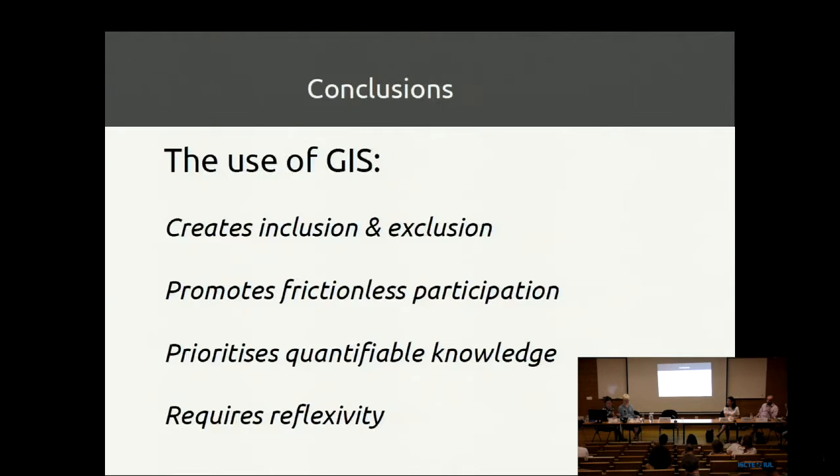And lastly, we also want to highlight that using this at the city administration level requires that the planners and the politicians have some kind of reflexivity about it, because we have observed that the ones using the map were not questioning what the map is showing. They were just saying, this is what everybody in Copenhagen wants. There you go. And not problematizing the questions about it not being the truth about what everybody wants.